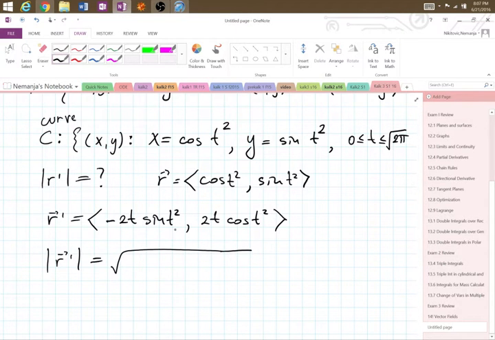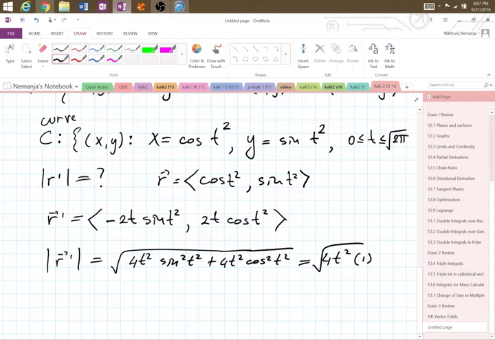So now, when we square this, we get 4t squared sine squared t squared plus 4t squared cosine squared t squared. You factor out 4t squared, and that's going to be multiplied by sine squared plus cosine squared, which is 1. So the whole thing is 2t. Much better.